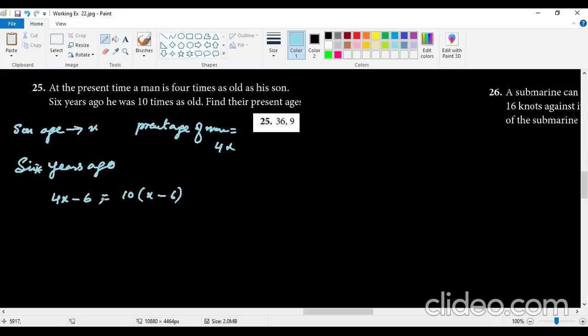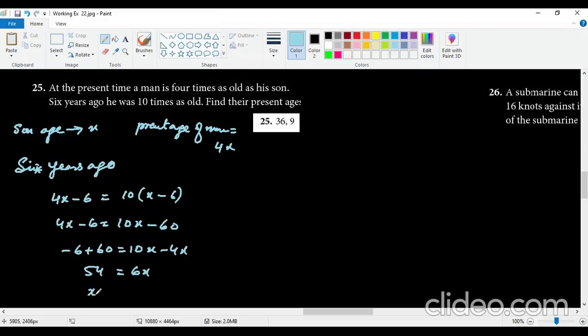So it's going to be an equation like this: 4x minus 6 equals 10x minus 60. So keeping the like terms together, minus 6 plus 60 and 10x minus 4x. So this is going to be 54 and this is going to be 6.